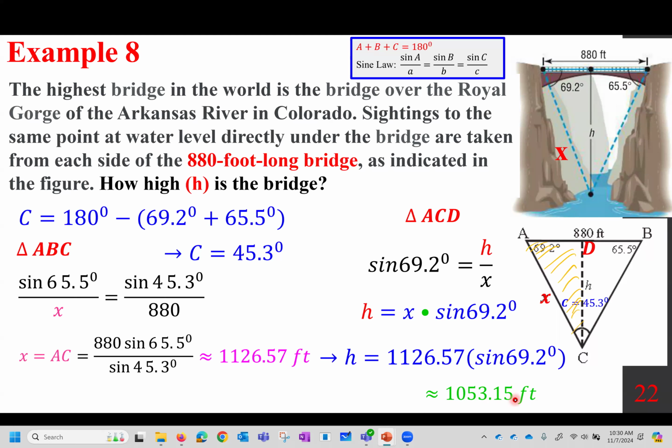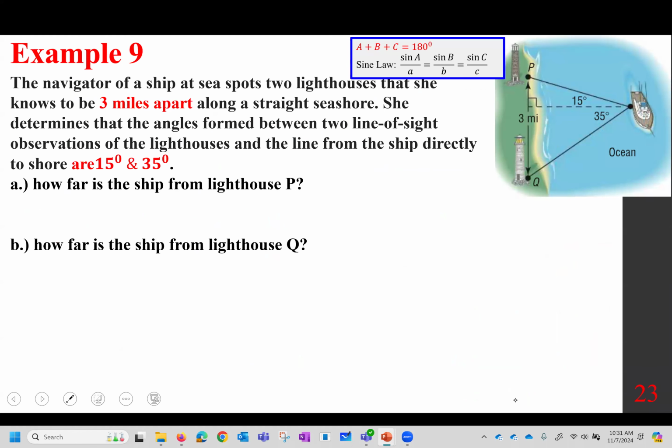Application. Example number 9. The navigator of a ship at sea spots two lighthouses that she knows to be 3 miles apart.